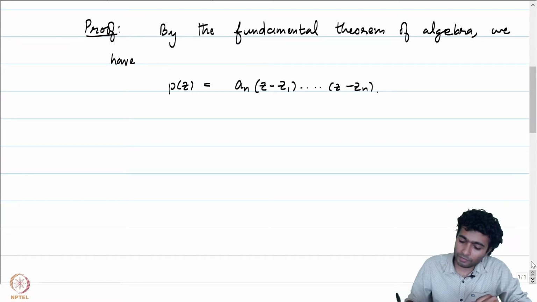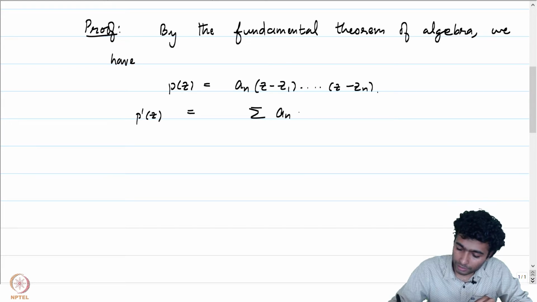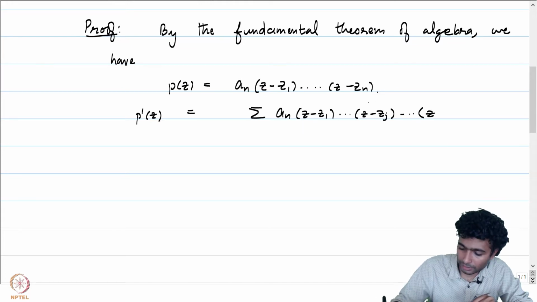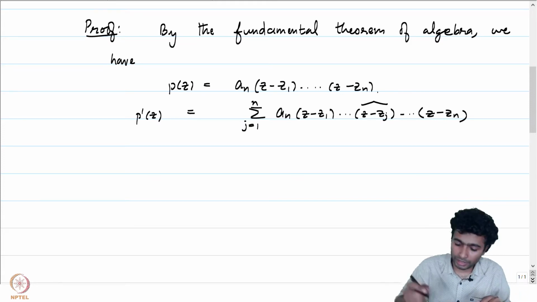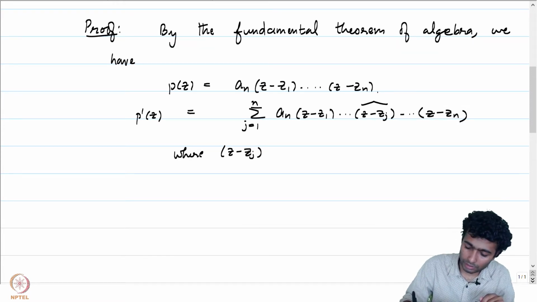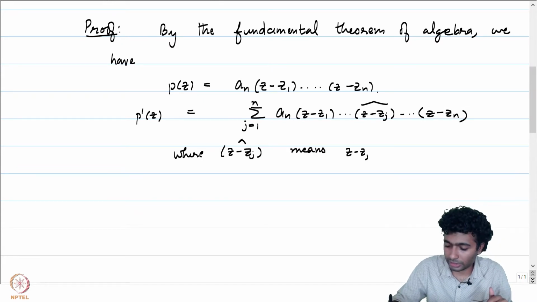Now if we look at p prime of z, that is going to be equal to the summation of a_n times (z minus z1) up to (z minus zj hat) up to (z minus zn), and this sum is going from 1 to n. This is the Leibniz rule that is being applied here, where z minus zj hat means it's removed, z minus zj does not appear.